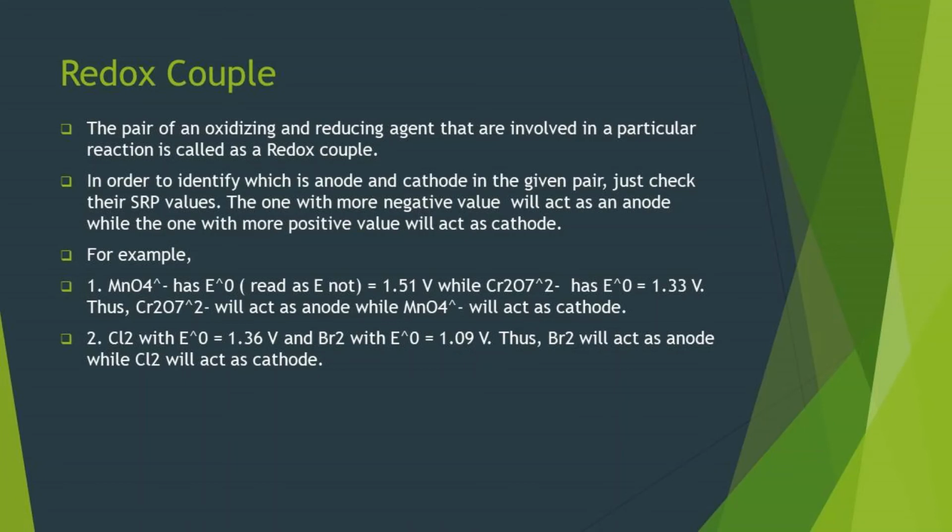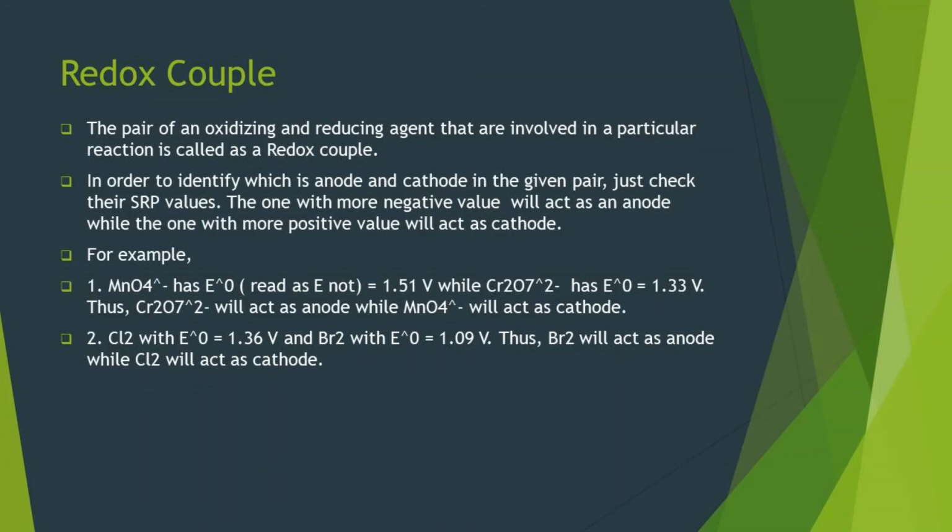For example, MnO4 minus has E0 equal to 1.51 volt, while Cr2O7 2 minus has E0 equal to 1.33 volt. Thus, Cr2O7 2 minus will act as the anode, while MnO4 minus will act as the cathode.